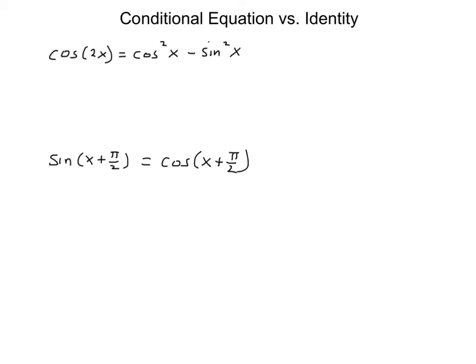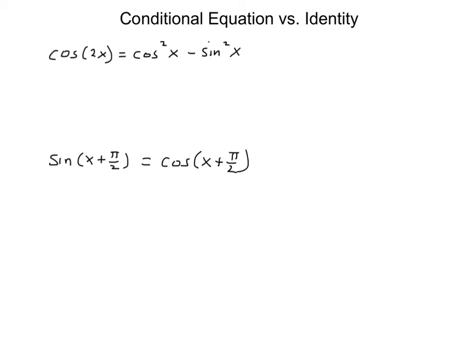Okay, so I'll start out with that first one. The cosine of 2x equals cosine squared x minus sine squared x. So for that particular problem, I'm going to do a little manipulation. I know that by the cosine sum formula, the cosine of A plus B is cosine A, cosine B, minus sine A, sine B. On this one, I have the cosine of 2x.